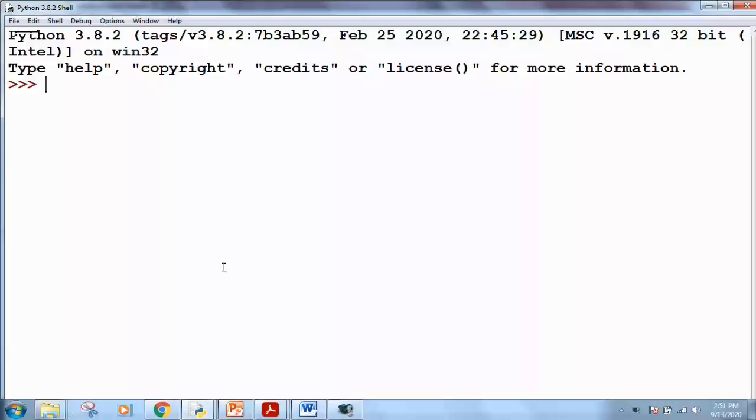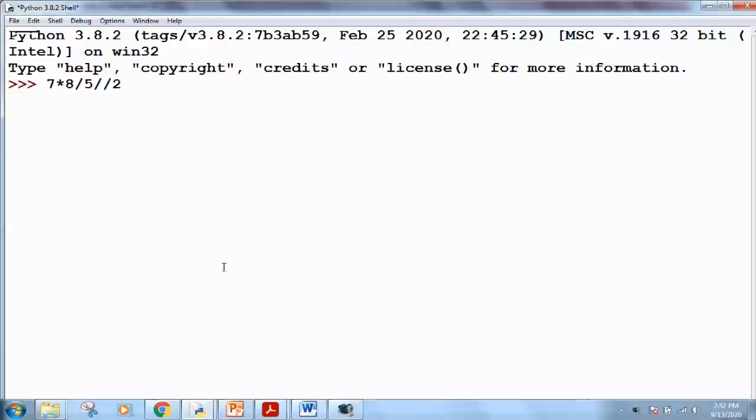Yes, in the Python IDLE, now I am writing the same expression which you have seen there: 7 into 8, then divide by 5, okay, and double slash 2.